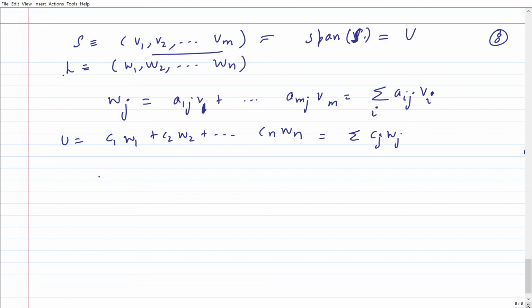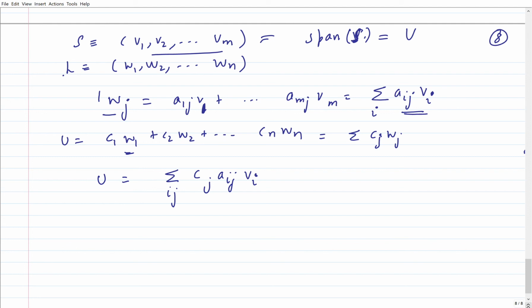Now I substitute each w from this equation and I get this. So see the coefficient.